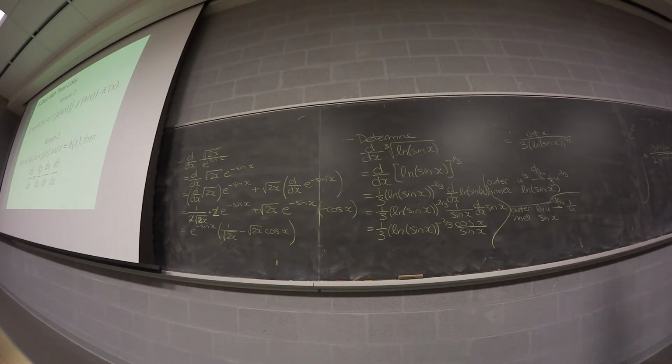Yeah, it doesn't matter if it's m or n or whatever. A picture of a cat, it doesn't matter. E to the cat, differentiate with respect to cat, you get e to the cat.